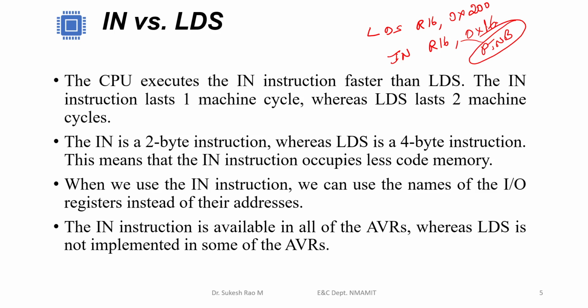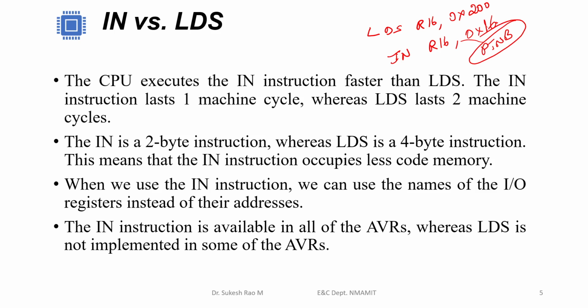The only difference is this: the LDS instruction is a 4-byte instruction, whereas the IN instruction is a 2-byte instruction. Another difference: the IN instruction takes one machine cycle, and the LDS instruction takes 2 machine cycles.